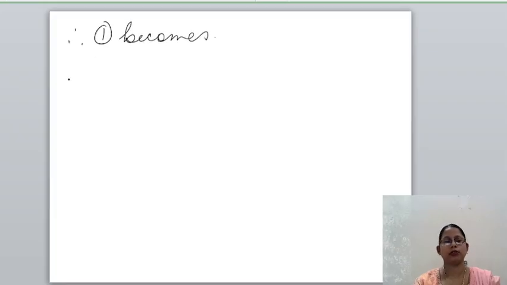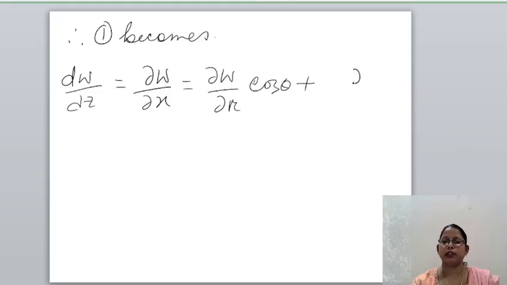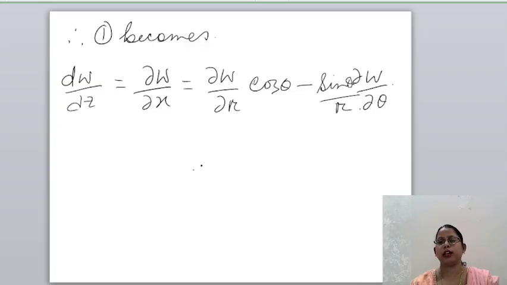Put this value in 1, we will get, therefore 1 becomes dw by dz equal to del w by del r times del r by del x, which will be cos theta, plus del w by del theta times del theta by del x, which will be minus sin theta by r.